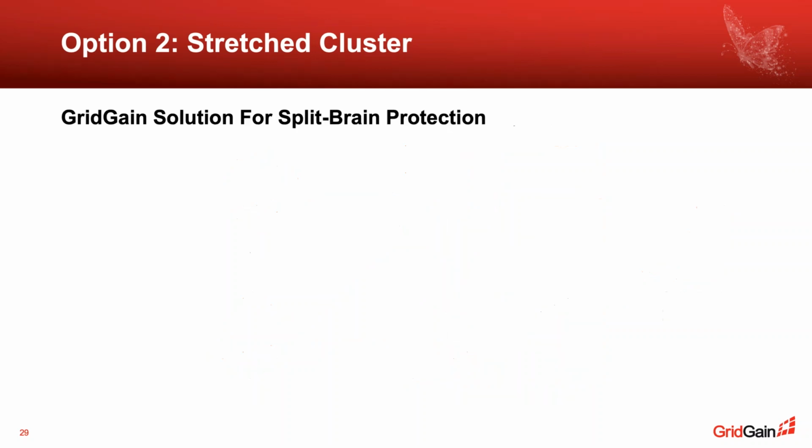So what can GridGain and Apache Ignite offer for split brain protection? This is a whole giant topic of discussion, really. So I won't be able to cover this in detail on today's webinar, but I can just outline the solutions that we have in our ecosystem for split brain.